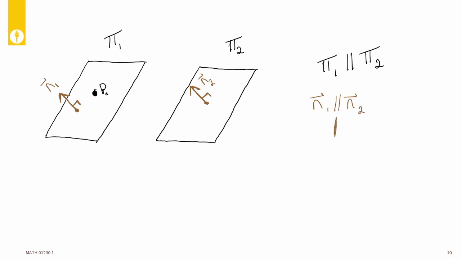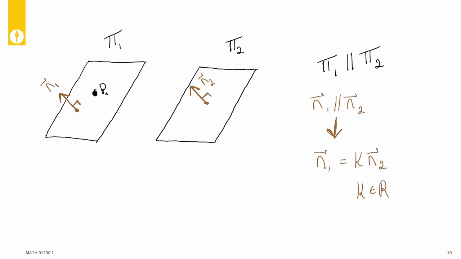This means N1 is just going to be some scalar k times N2. That's the definition of vectors being parallel.